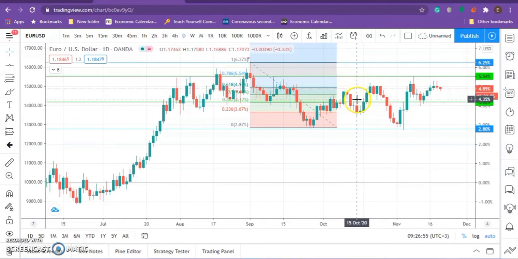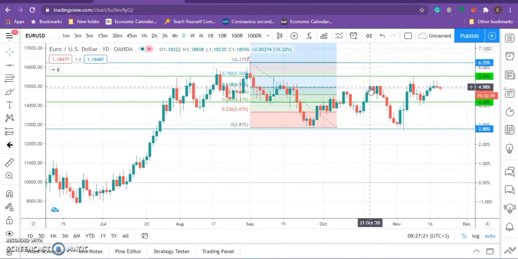So after you have entered, you can hold it, you can get out here, or even on the green line here, or you can wait for another reversal, which will be in between here, and then you place your trades here on this nice consolidation. We call it a consolidation point, or a concentration point.